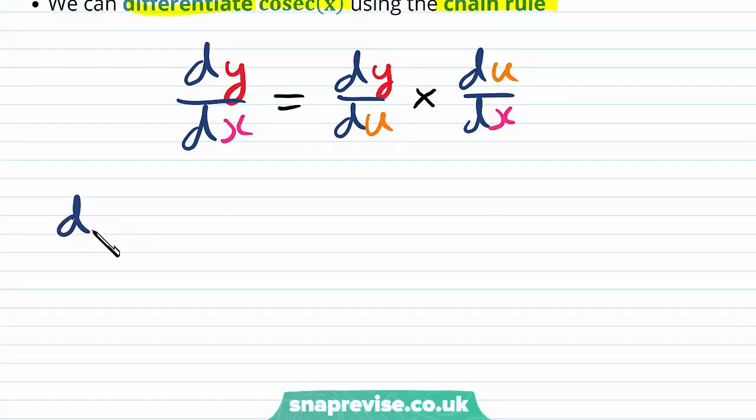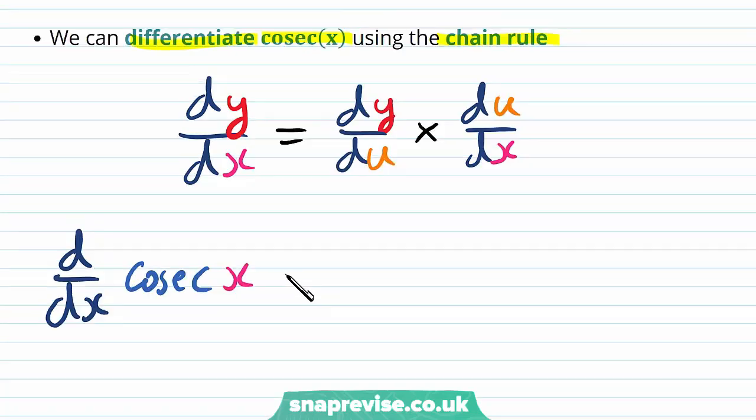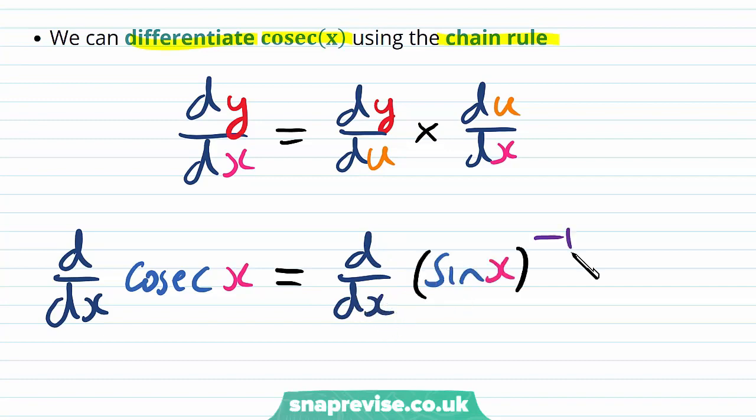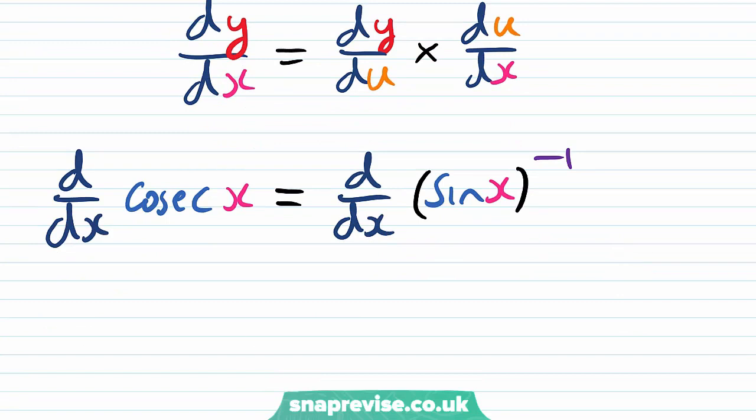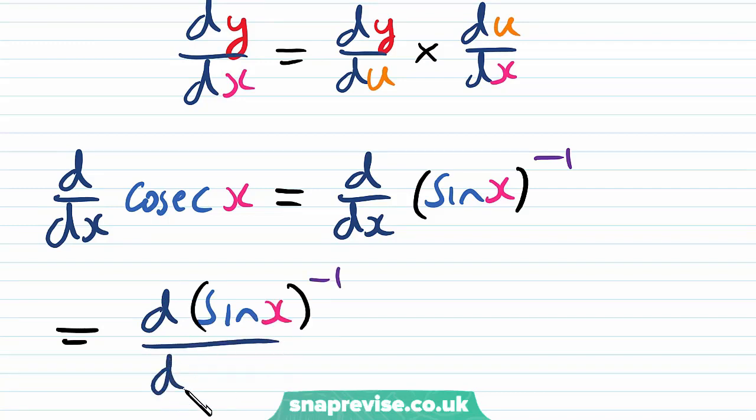So if we want to differentiate the cosec of x, we can write this as d by dx of sine of x to the power of minus 1. And then we can use our sine of x as our u, and so we get d sine of x to the power of minus 1, and then by d of sine x.